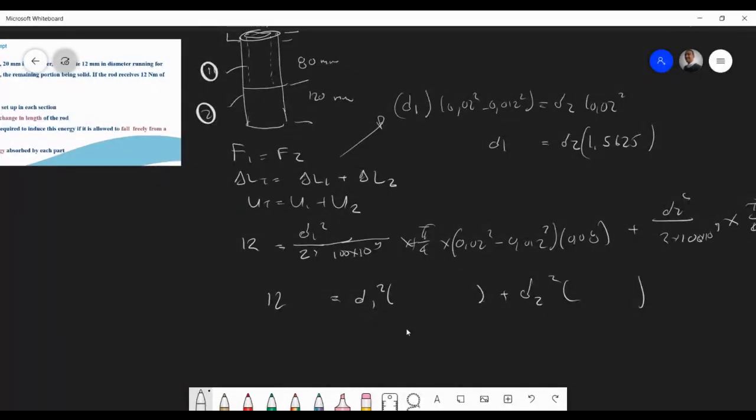Anyway, let's find those coefficients. I'm just going to quickly end this off. Times 0.08, and then divide by 2 times 100.